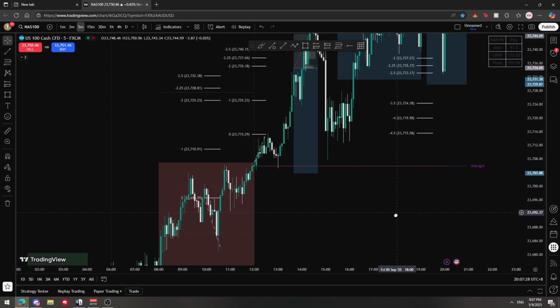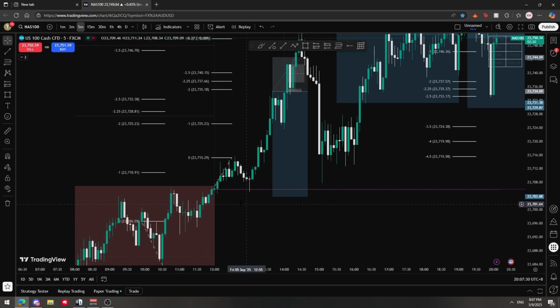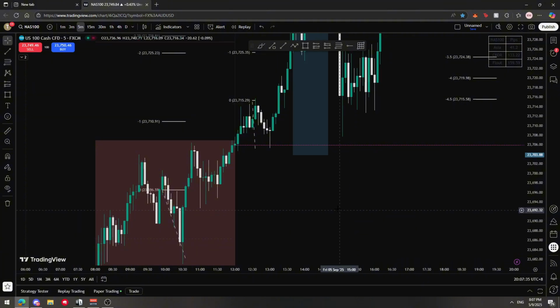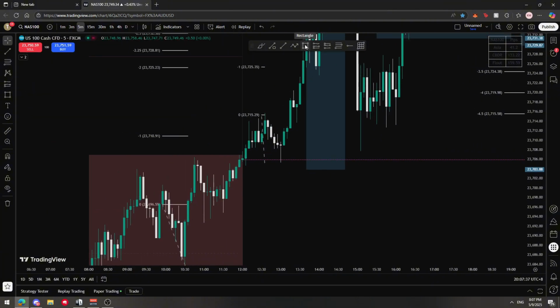But anyway, first we mark off the swing, the manipulation swing. I didn't see any clear manipulation. I was looking for manipulation downwards, like accumulate somewhere here and then manipulate below midnight open, but we didn't do that.